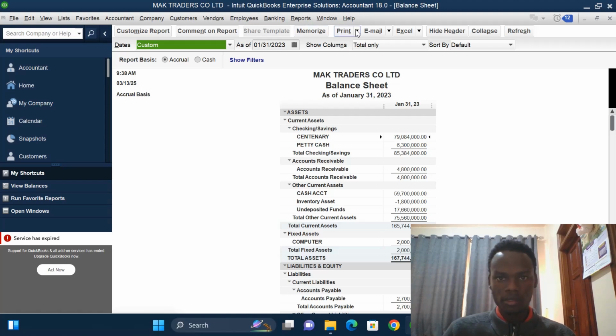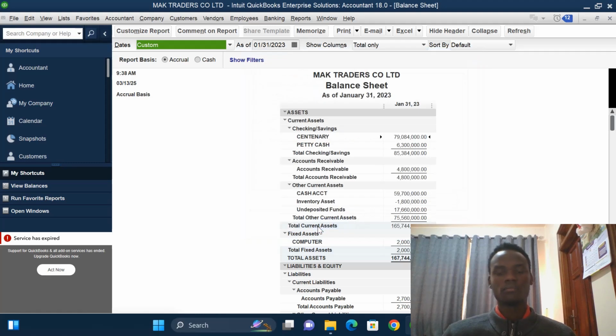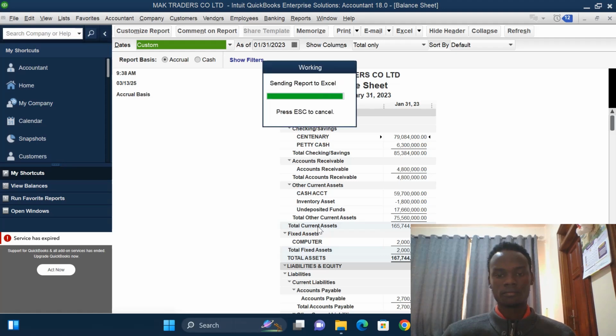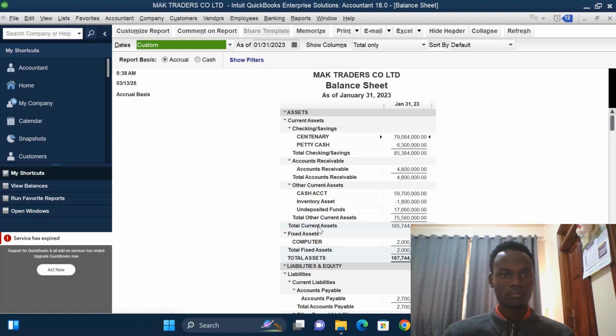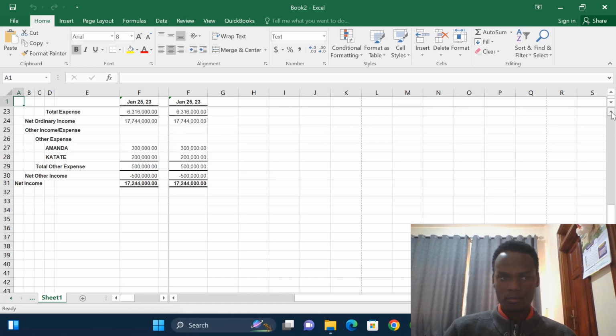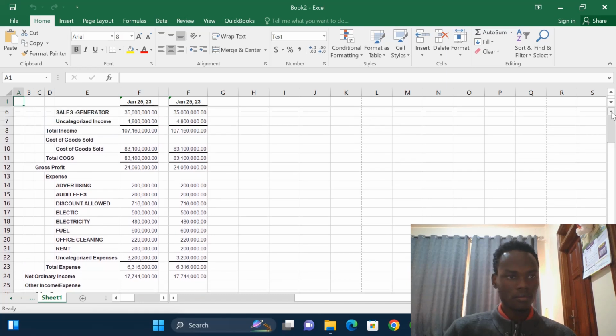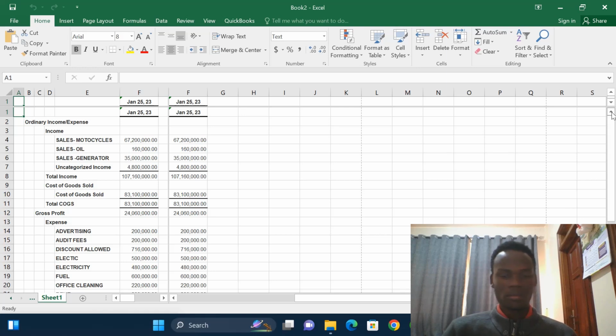So we go ahead and also export it. So that is our balance sheet.